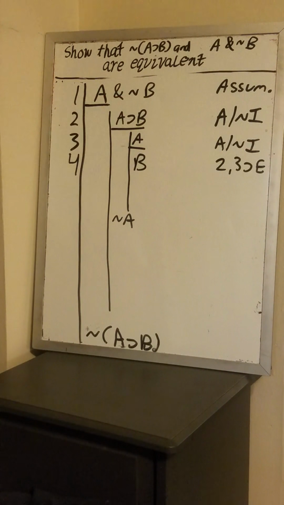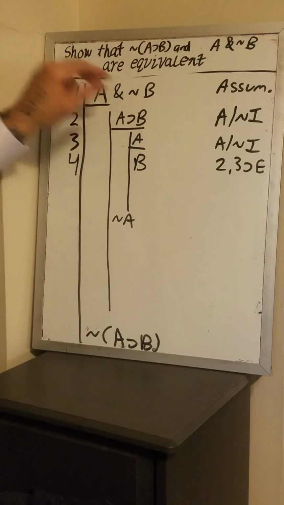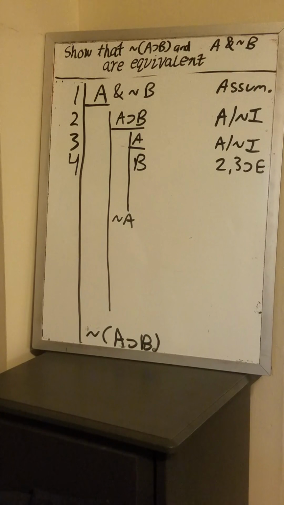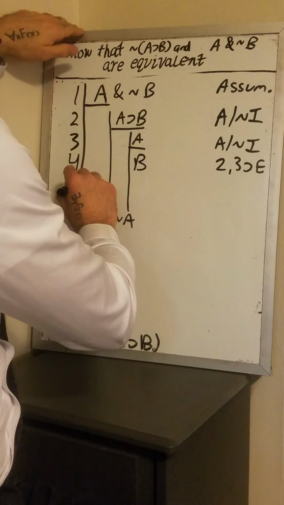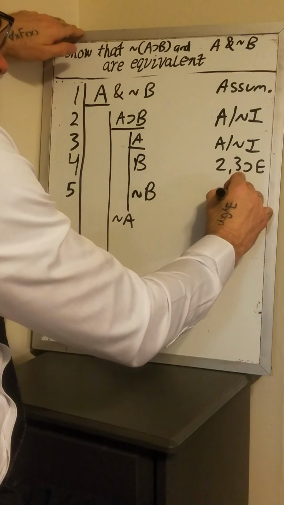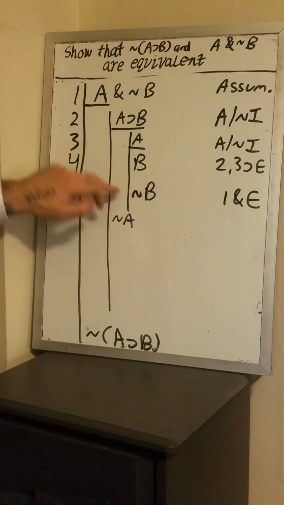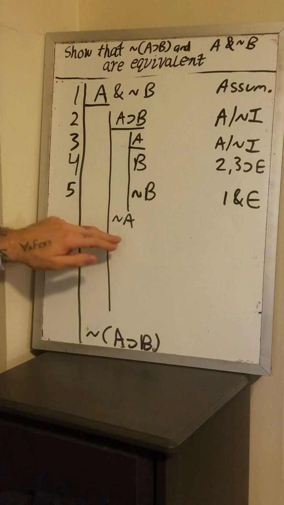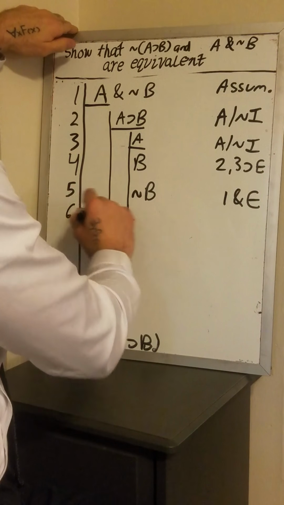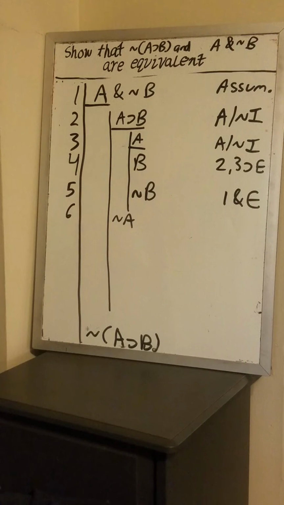And now we can, sorry, not reiterate, but we can use conjunction elimination to get not B from line 1. So we have B and not B together, and we can conclude not A from lines 2 to 5.